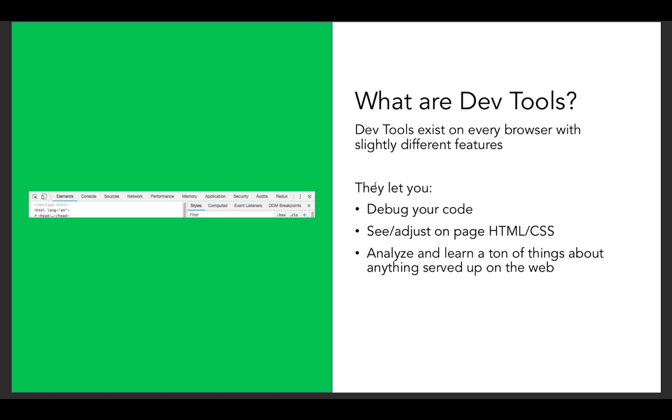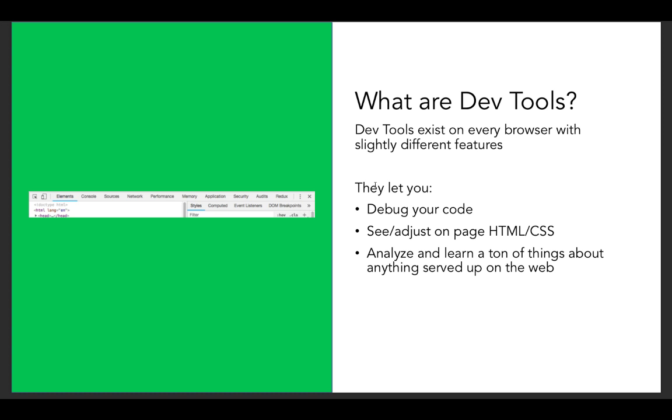But start with getting used to Chrome DevTools, and you will eventually want to learn the DevTools in every browser you use, because if the code you wrote has an issue in Firefox, you can't debug it in the Chrome developer tools. You have to use whatever DevTools are in whatever browser you're in. So get used to the ones in Chrome, play with them, and then start playing with the other browsers' to find where things are.